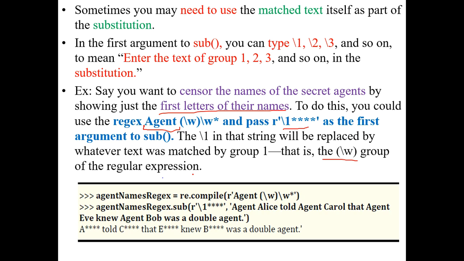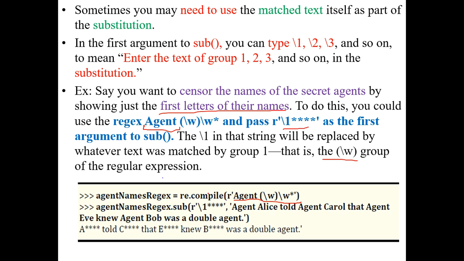Let us take one simple example here. First we are creating a pattern here. In that pattern, if the text starts with agent, it should be replaced by stars apart from the first letter of his name.